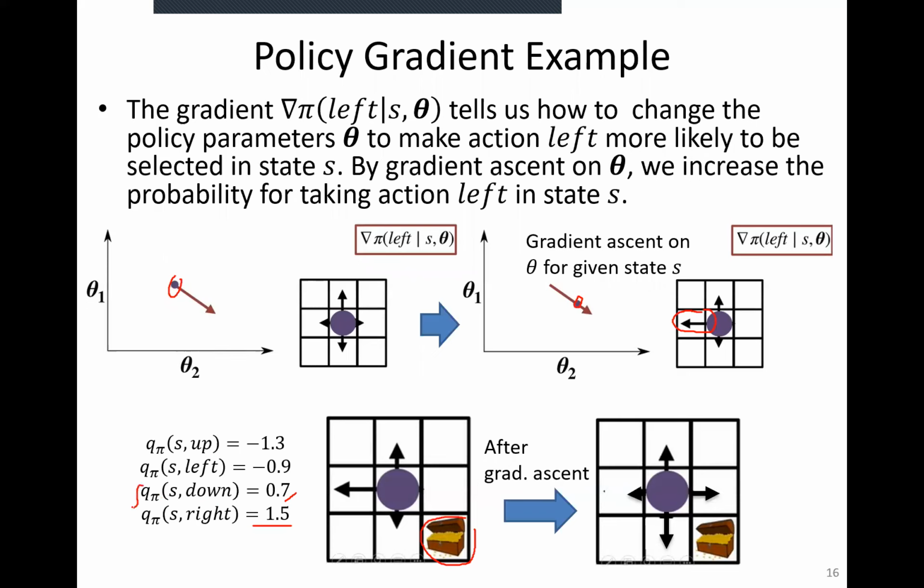You'll increase these two directions, probability of moving down and right, and reduce the probability of moving up or left. And among these, moving right will be increased more than moving down, and moving up will be reduced more than moving left, based on the Q values. So hopefully, after gradient ascent, you should have the new policy like this. So this is how the policy gradient directly updates the policy.